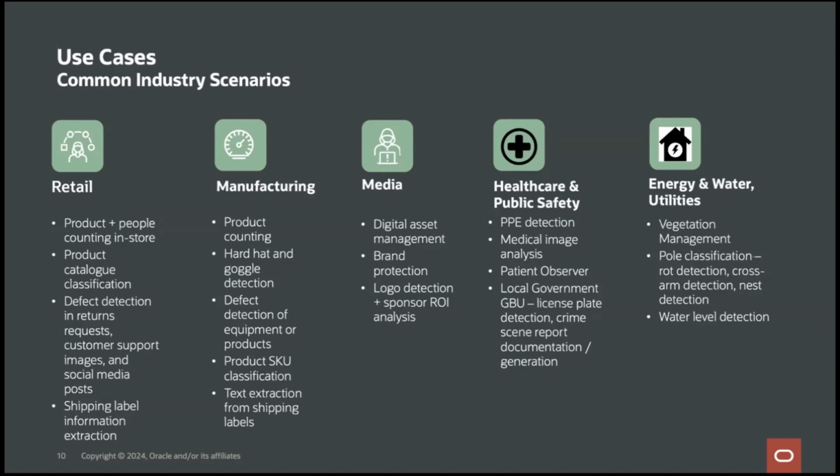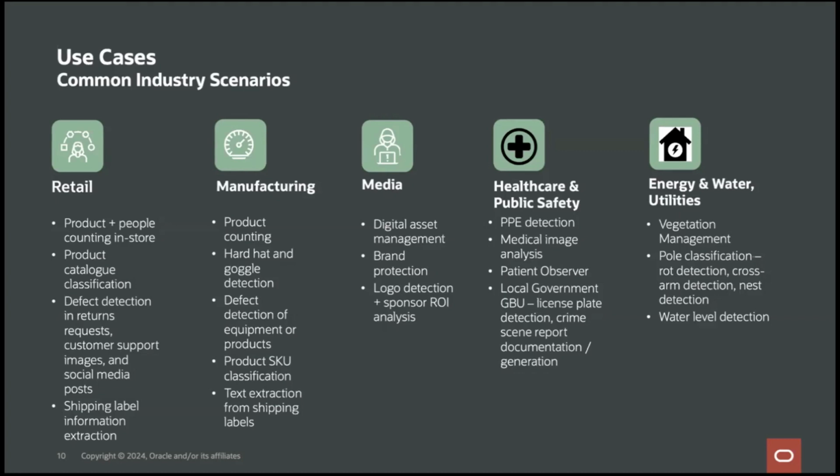Within hospitals, we can also observe how patients are doing within their specific rooms. This can also be used for public safety in terms of license plate detection and crime scene detection. It can create a simple report or documentation using our other Gen AI models as well. And the last thing we can look at is energy and water utilities.